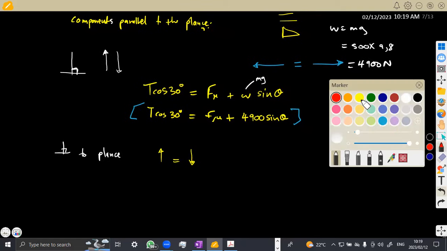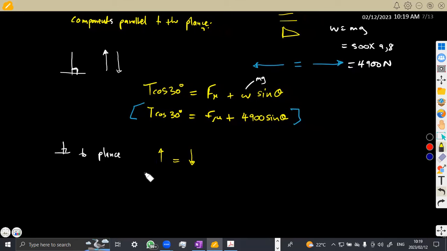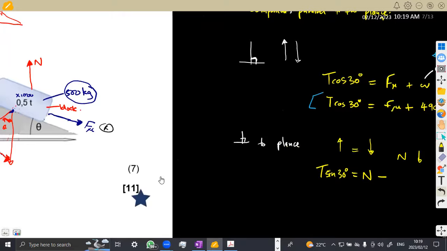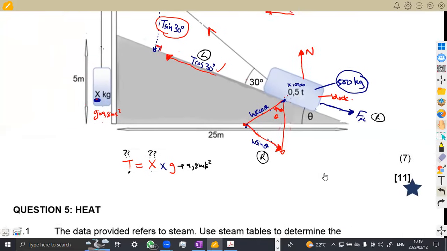Let's take our force. So I said the one going up, the T sine of 30 degrees, must be equal to the difference between N and the one that is going down. So it's going to be N minus W cos of what? Cos of theta.